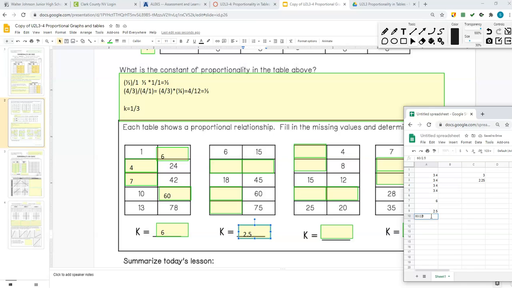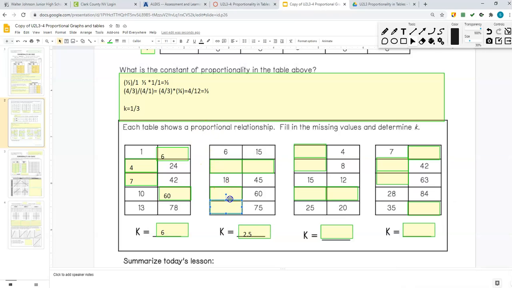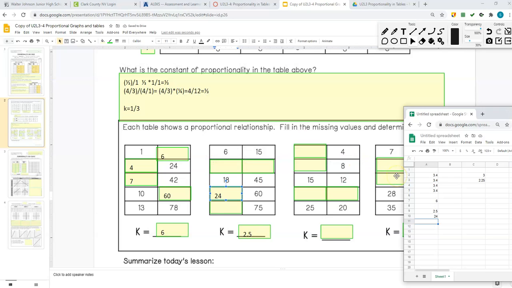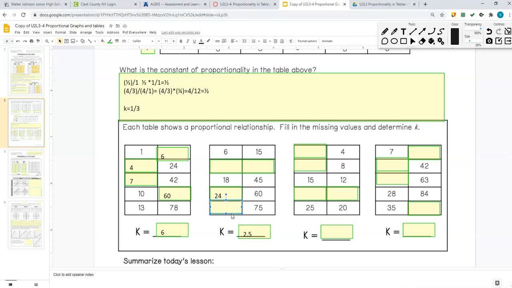Would help if I remembered to put in the equal sign there to know that I was supposed to do the calculation. So this one is 24, not that one, that one. And then 70 divided by 2.5 is going to be 28. Here we're allowed to make up any number that we want, so I'm going to say 10. 10 times 2.5 is 25.